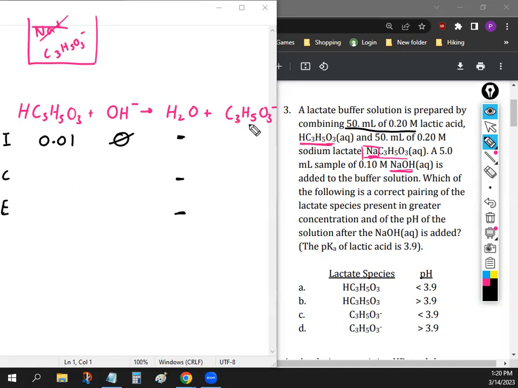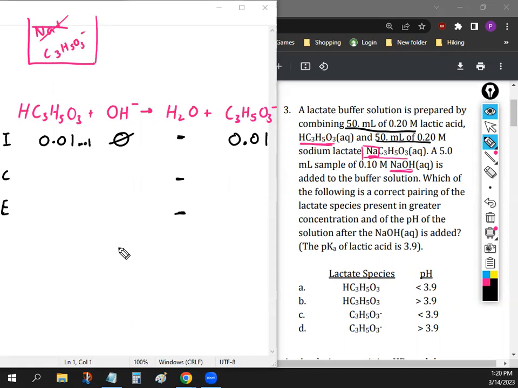And then you're going to have some of this, which comes from your sodium lactate. We can use these values to figure out how much sodium lactate is floating around, and that's also going to be 0.01. This is all in moles, guys. Make sense so far?